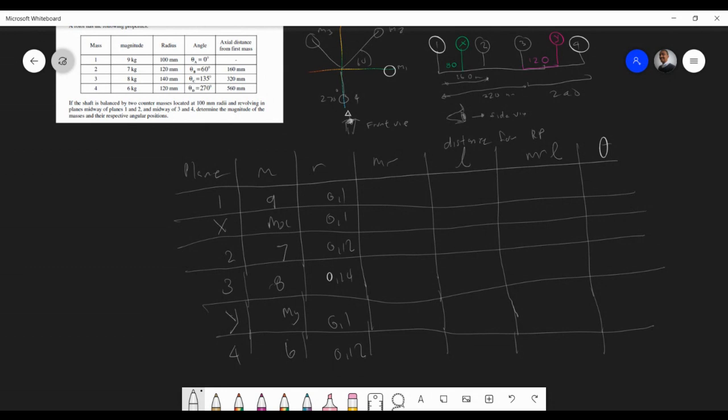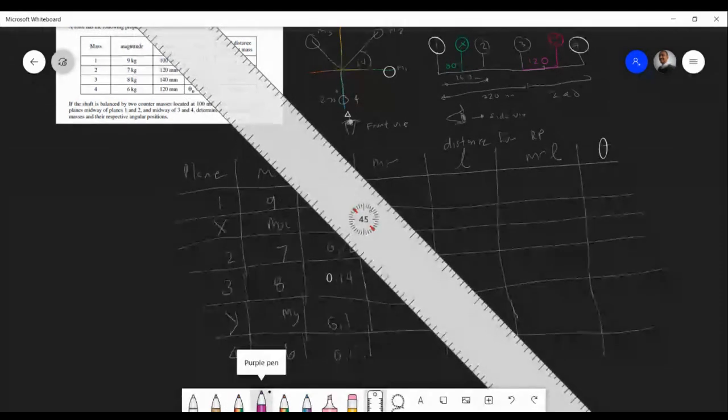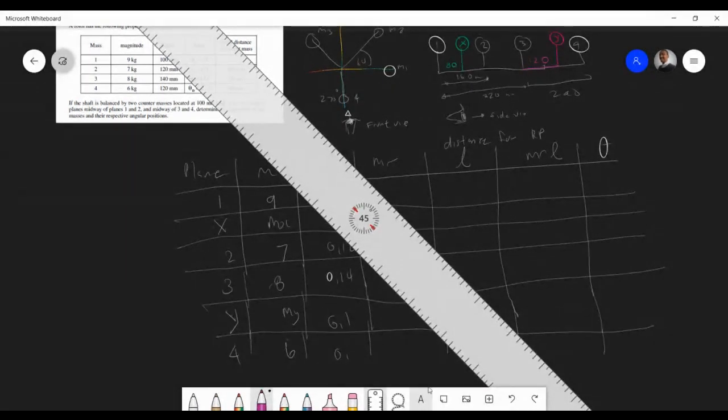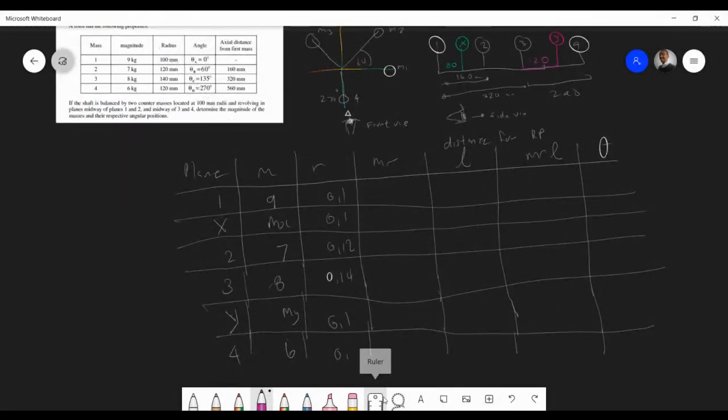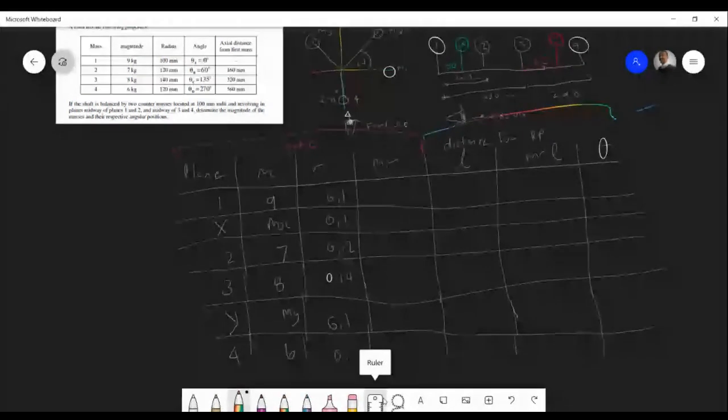Okay, so let's work out our products. Can someone just write? Someone can just talk to me. This first part is the static balance, right? Someone just give me the MR. So this is the static part of the table, whereas this part here is the dynamic part, the M or L, sorry.